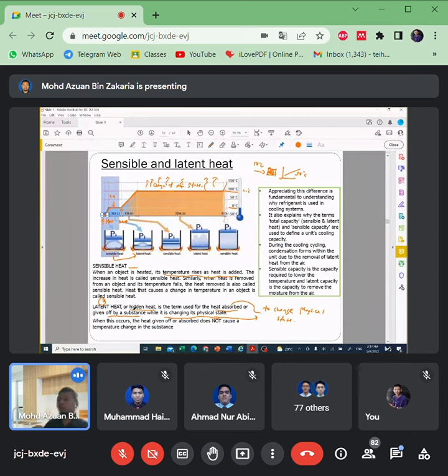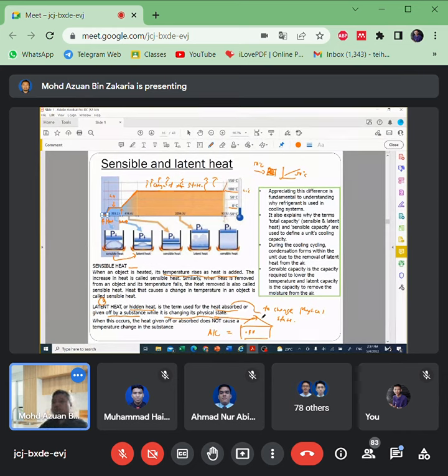Okay, to relate to what happens in the air conditioner system: in our room, in the building room, we have relative humidity. We have humidity inside the room. If the level of humidity is too high, we require a lot of energy to remove the humidity.